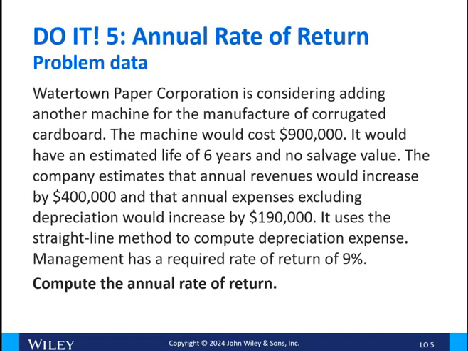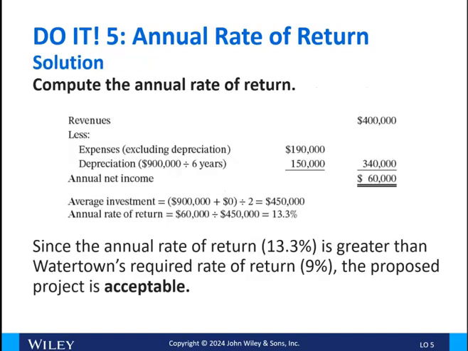So we've got to figure out our depreciation on this machine. Using straight line, no salvage value, it's simply 900,000 divided by 6, so $150,000. So our net income is $60,000. Average investment is 900,000 plus the salvage value, which is 0, divided by 2, which is 450,000.